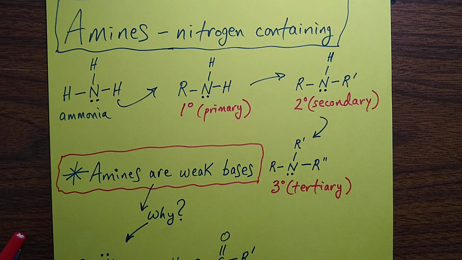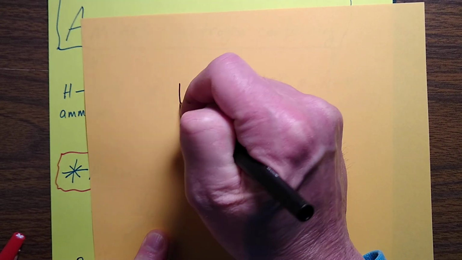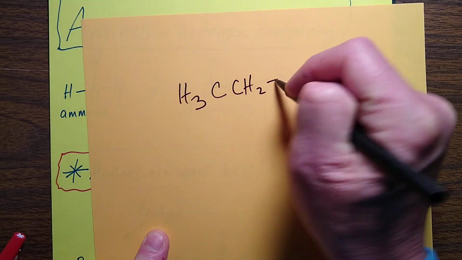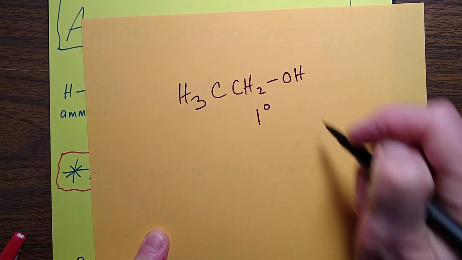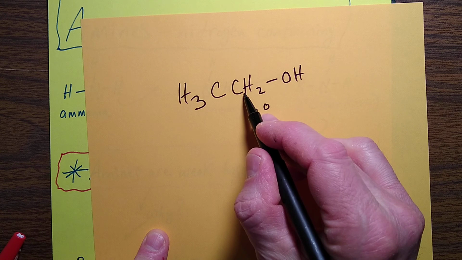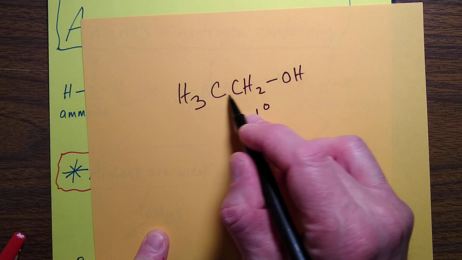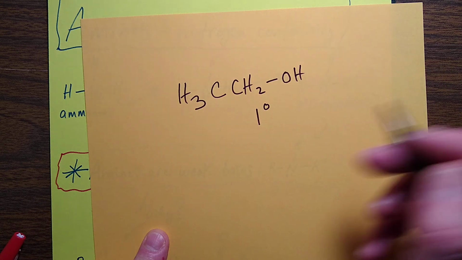If you recall, a primary alcohol is something like this, where you have CH3CH2OH. That's a primary alcohol because the OH is attached to a carbon that only has 1 carbon attached to it. It's at the end of a chain.